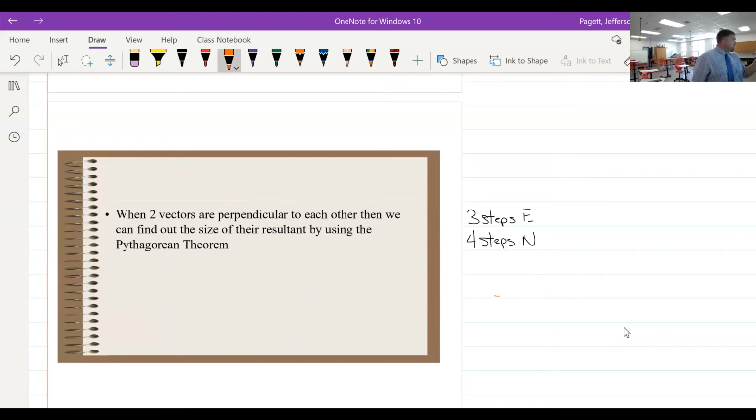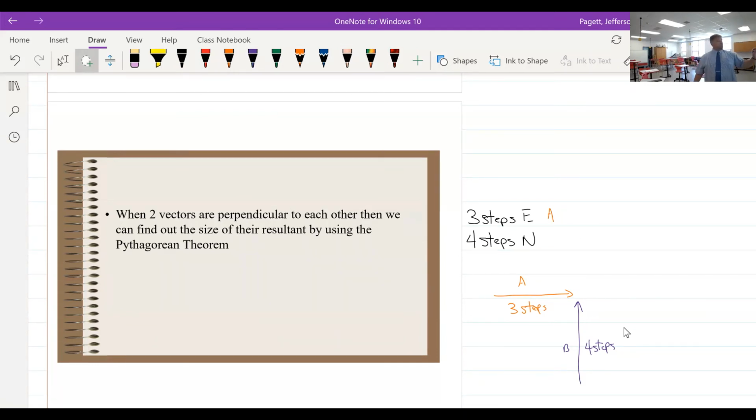So 3 steps east. We'll call this vector A. And then we've got 4 steps north, and I'll make this here. 4 steps. We'll call that B.